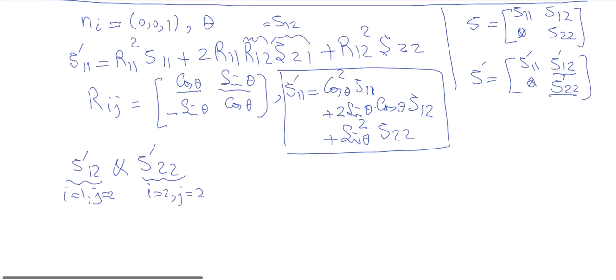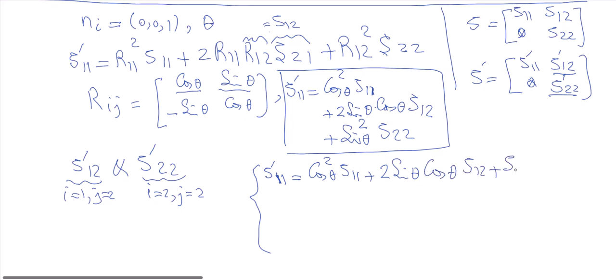I'm not going to do that here, you will get a set of equations that I write here. S prime 1, 1 is cosine theta square S11 plus 2 sine theta cosine theta S12, and plus sine theta square S22.